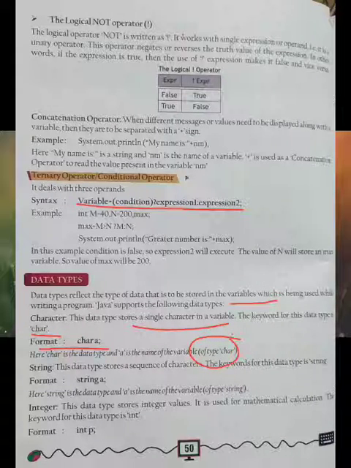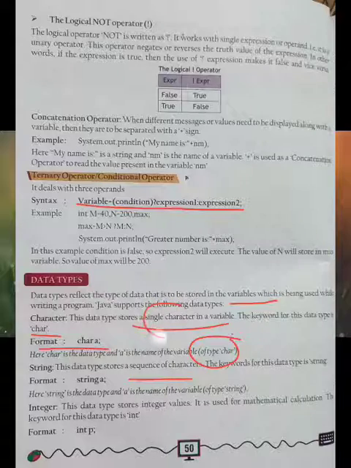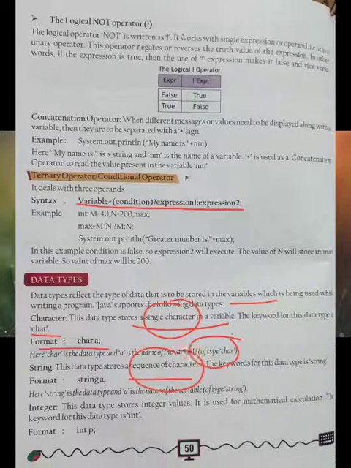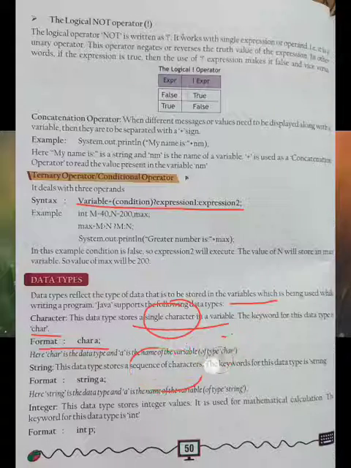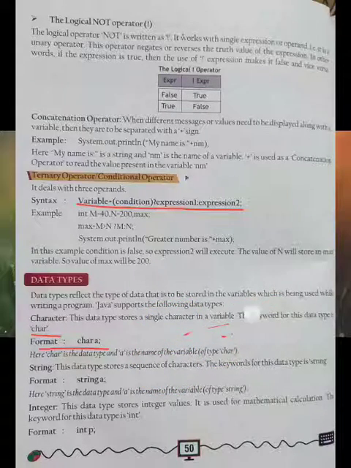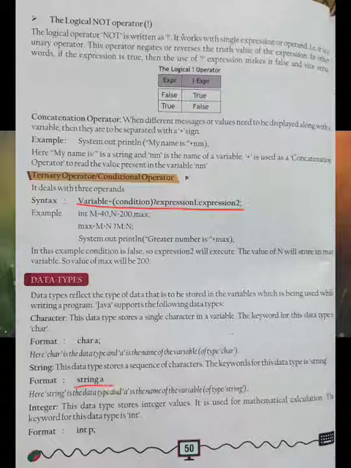Similarly, the next data type is string. This data type stores a sequence of characters. Here character was storing only a single character, and string is storing a sequence of characters. The keyword for this data type is string. Format is same, string a.